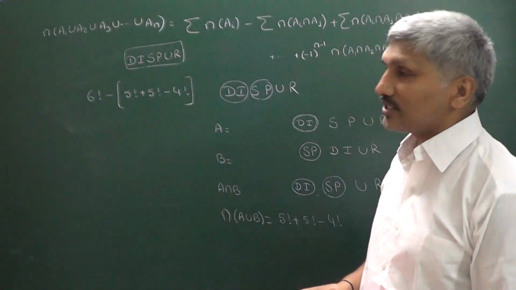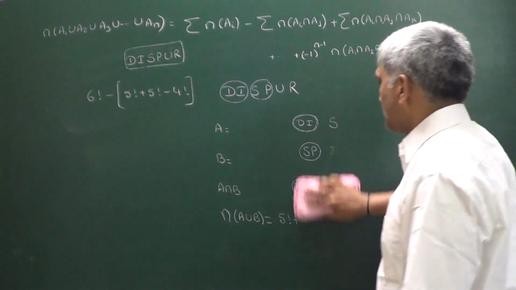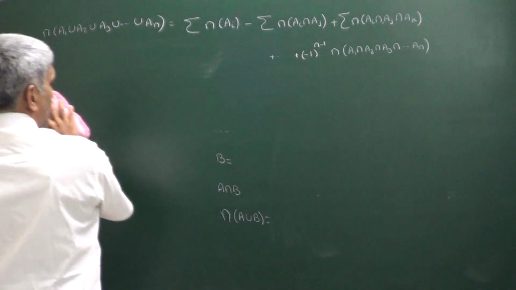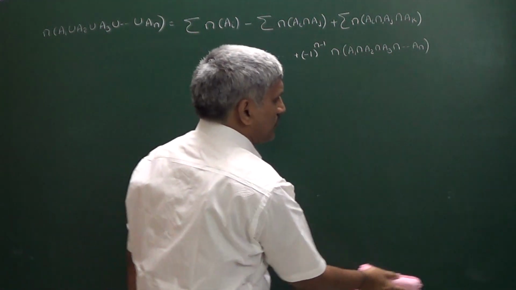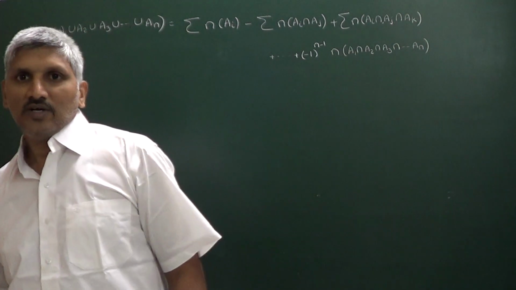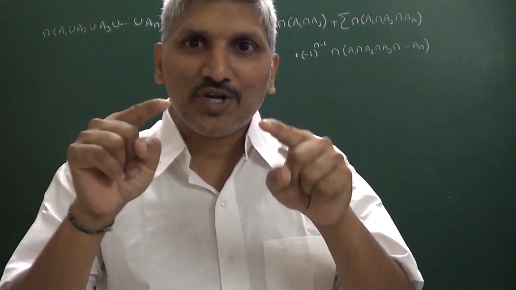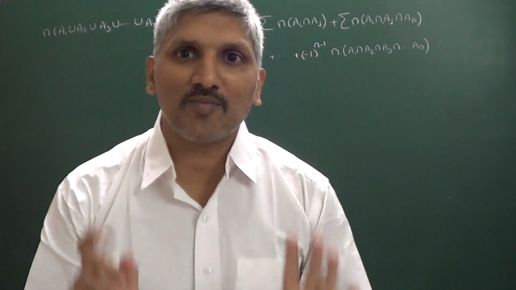So this is the basic funda for deriving the derangement principle also. First of all, what is the meaning of derangement? The name itself is saying: derange. Derange means no letter is in its original position.